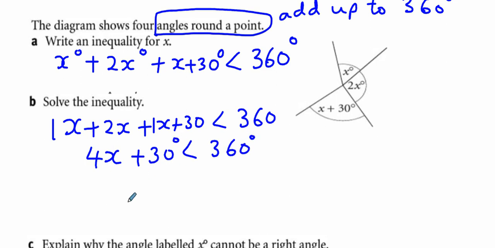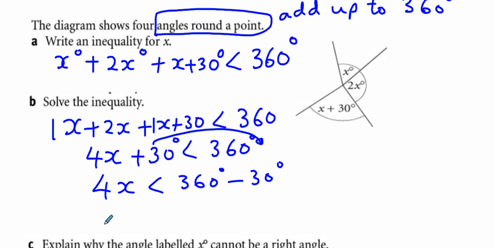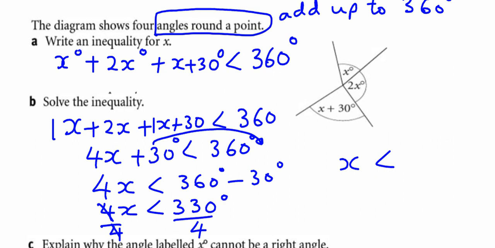These are degrees. So 4x, this 30 will be shifted to the right hand side. 4x is less than 360 minus 30, that will be 330 degrees. To find the value of x, you need to divide by 4. So x is less than 330 divided by 4.